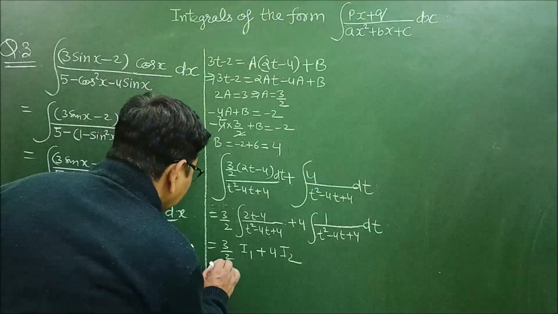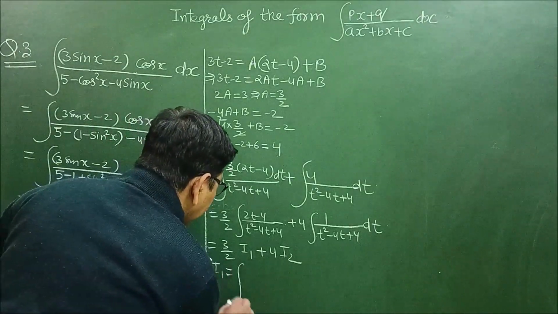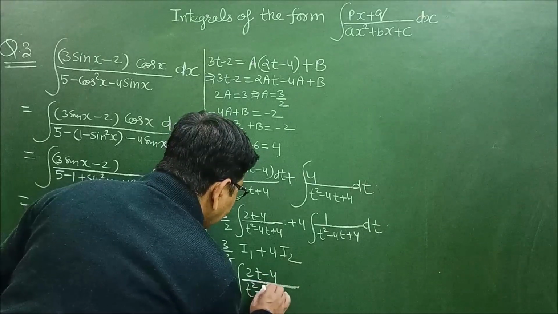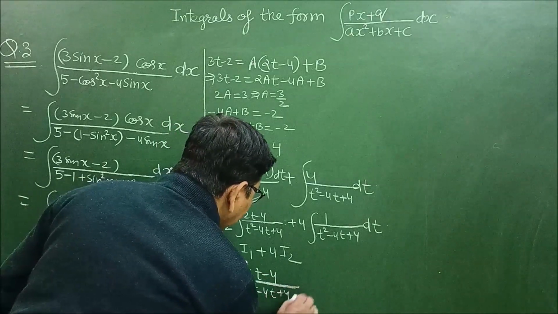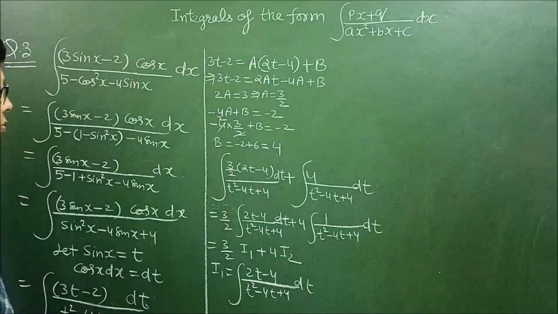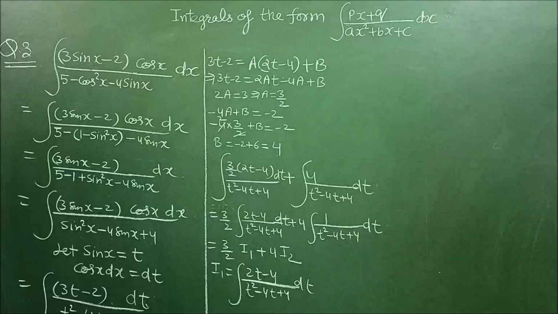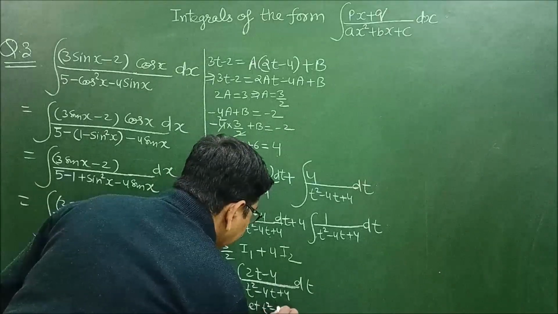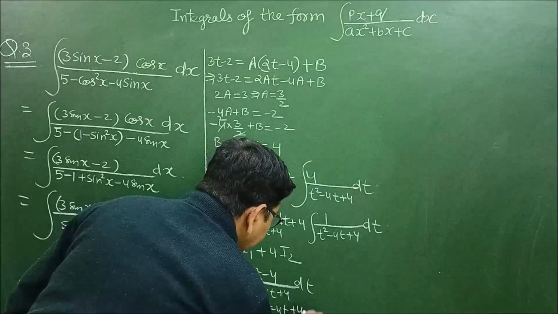I1 is equal to the integral of 2t minus 4 upon t square minus 4t plus 4 dt. Now let t square minus 4t plus 4 be equal to u.